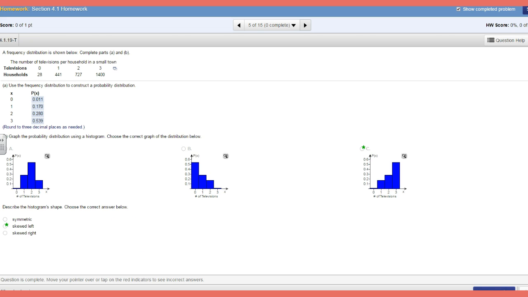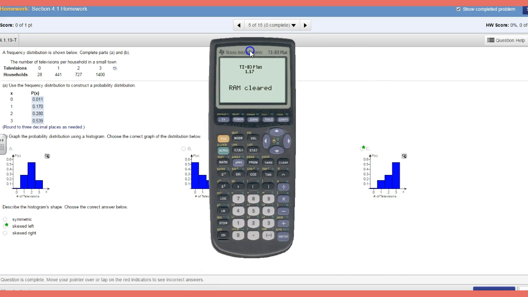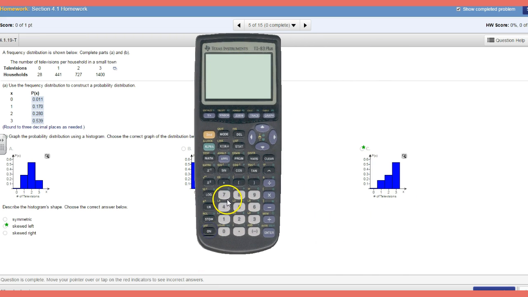Now, if I had to do this manually, the first thing I would do is add all the frequencies, which is 28 plus 441 plus 727 plus 1400. And that will be 2596. So the sum is 2596.